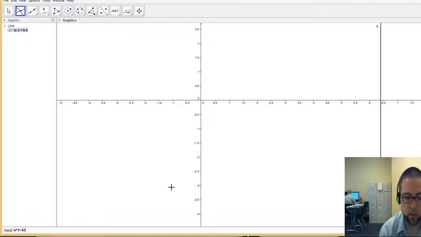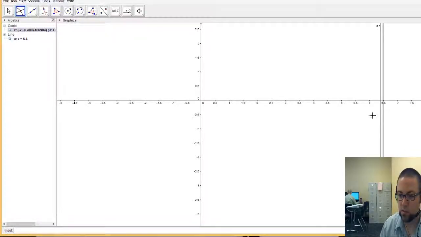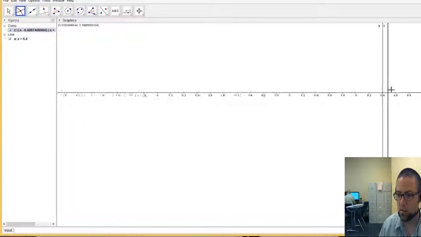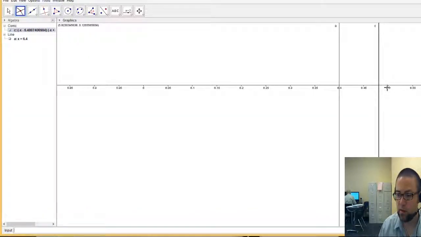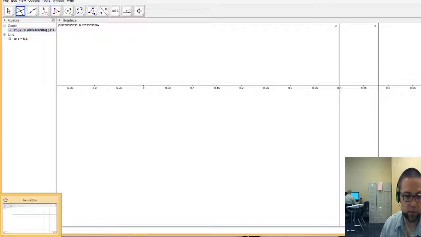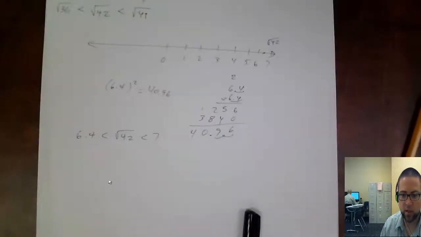Where should it end up on the line? It should be greater than 6.4, and you see right here that it is. And it's actually less than 6.5. So if I did 6.5, I should get a value that is larger than 42 when I square it. So let's take a look at that.